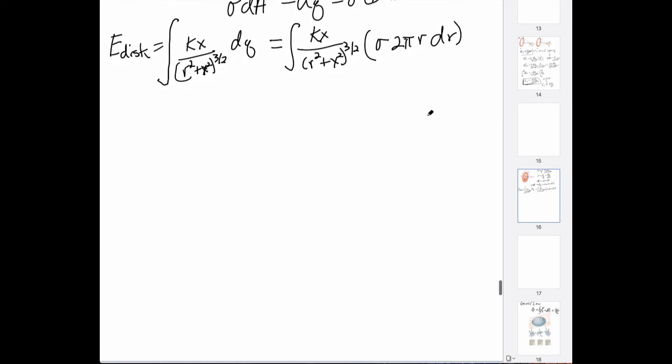And now we've got some choices to make. Everything that's a constant is going to come out in front of our integral. So E for the entire disk at point P is equal to, let's see, what constants we have: k, sigma, pi, and x. I'm actually going to leave the 2 in there.